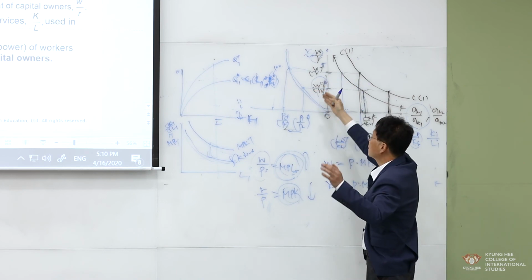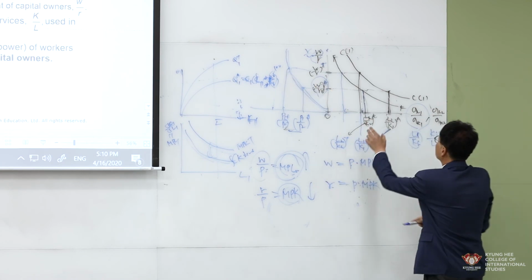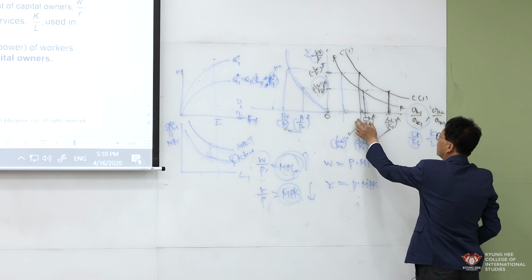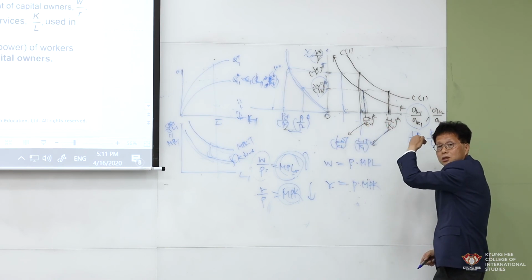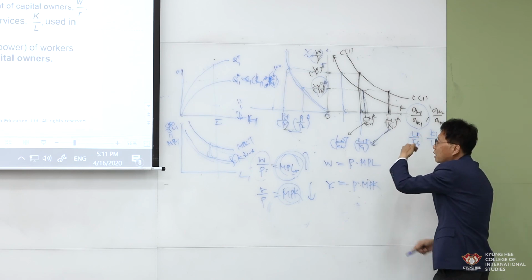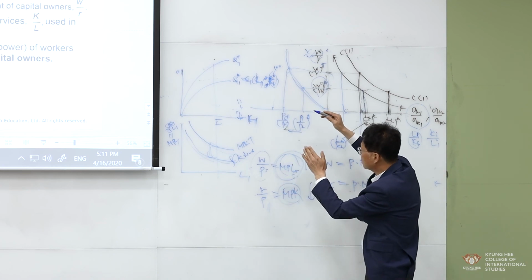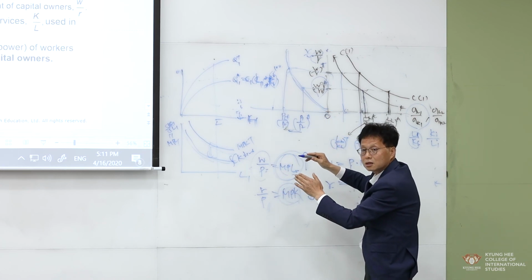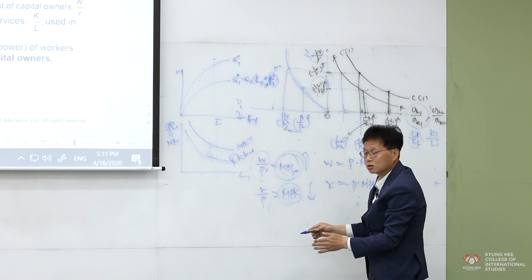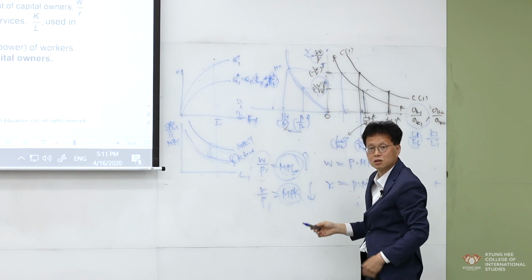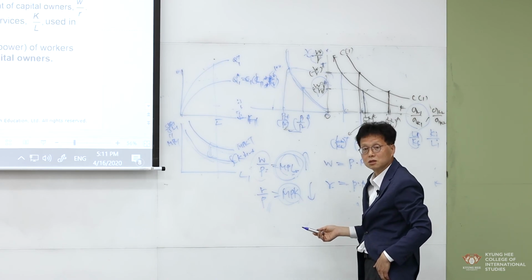The W bar is increasing, so moving this way, the capital-labor ratio combination changes. Okay? And W over P increases while MPL increases at the same time. So the real wage rate increases and the real rental rate decreases. So there are winners and losers. Winners are laborers, losers are landowners.